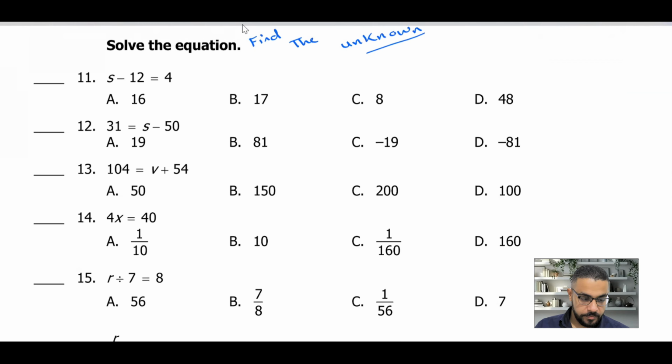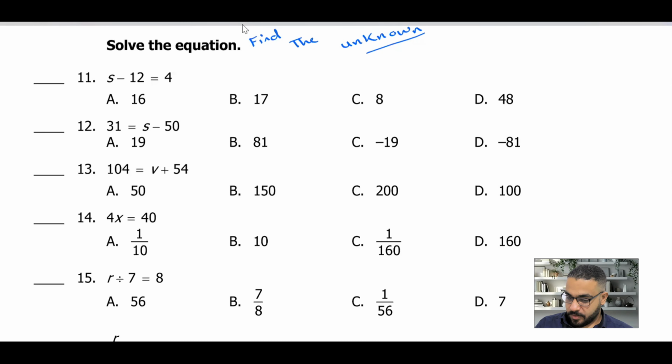And if you have subtraction, you have to use addition, doing the opposite operation, of course. So if I have multiplication, I'm going to use division. And if I have division, I'm going to use multiplication.